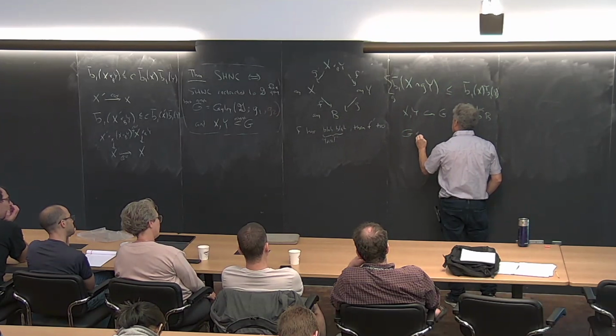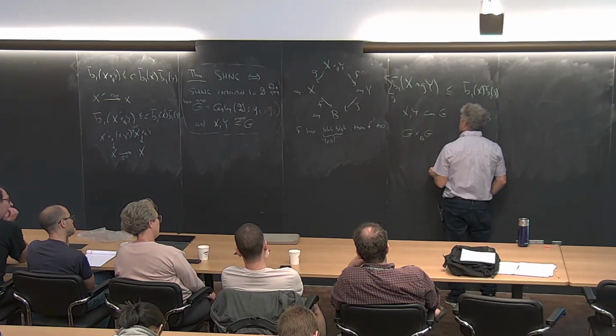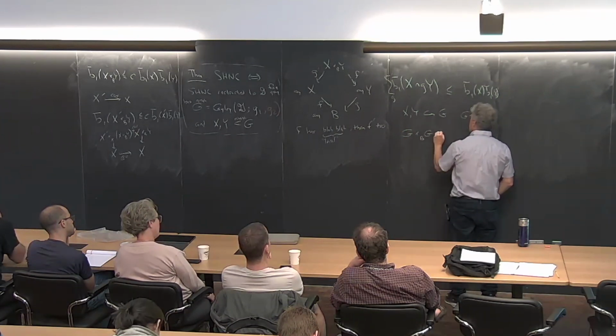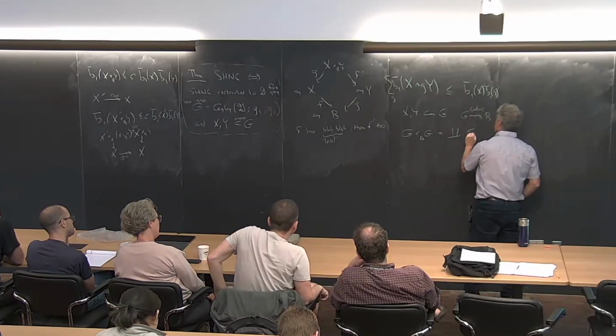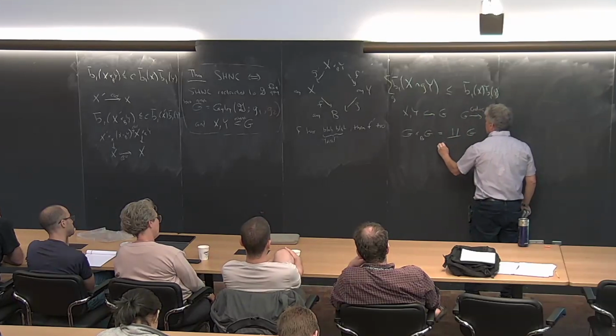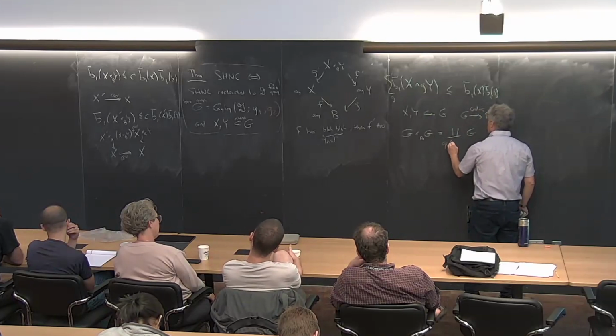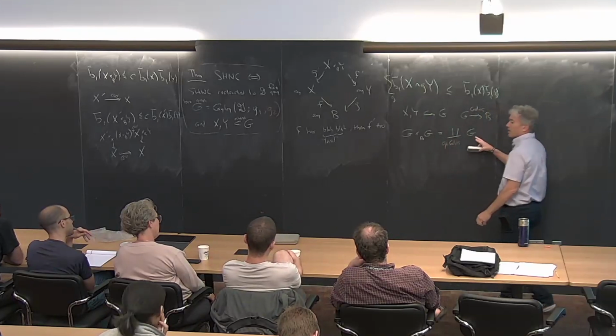G tensored with B is just the same thing as some number of disjoint copies of G, where G is acting in Galois.